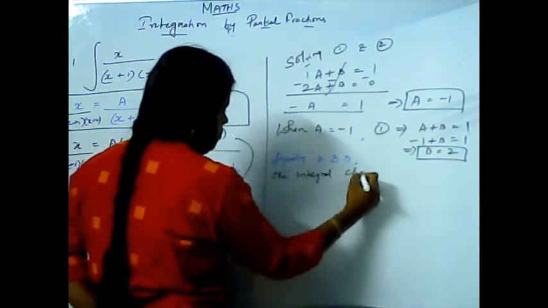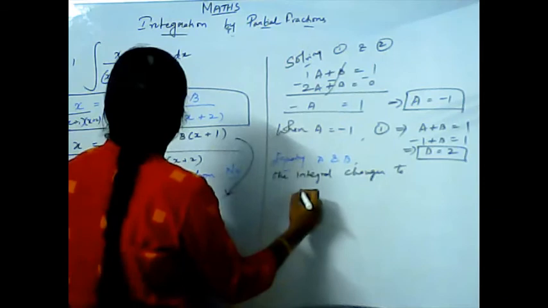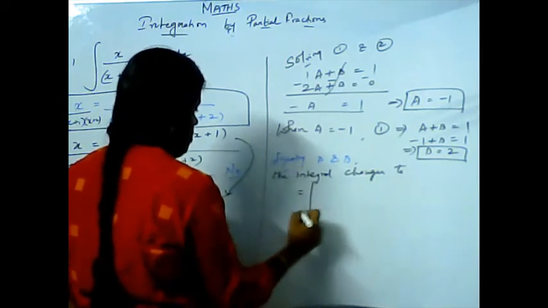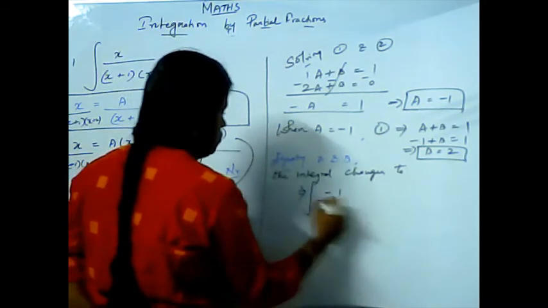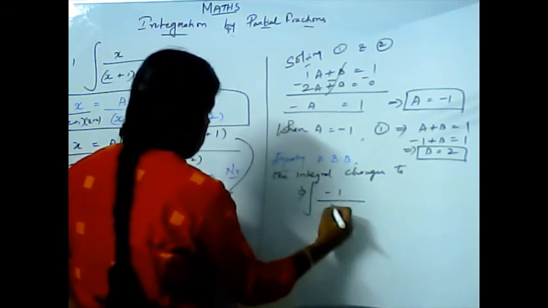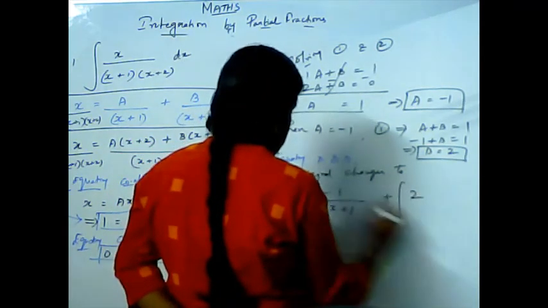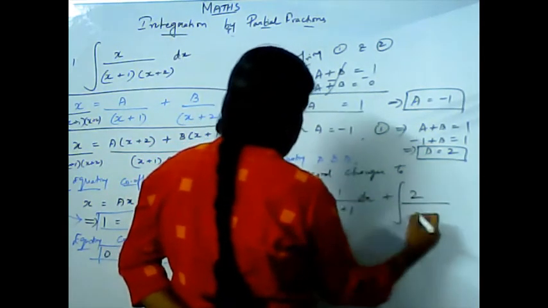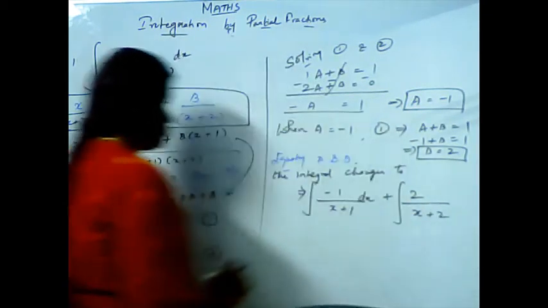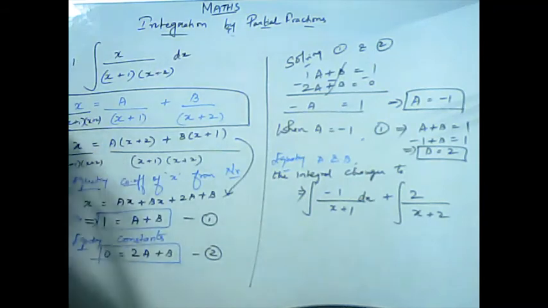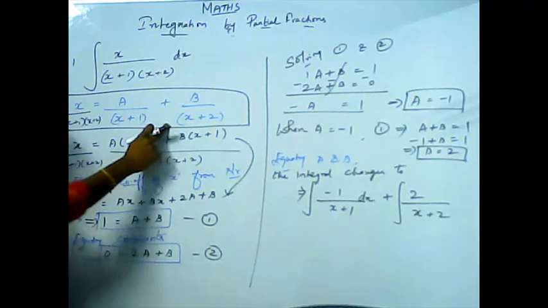The integral changes to: what is A here? Minus 1 divided by (x plus 1) plus 2 divided by (x plus 2). So this is the given integral, and we have rewritten the integral in this particular form.